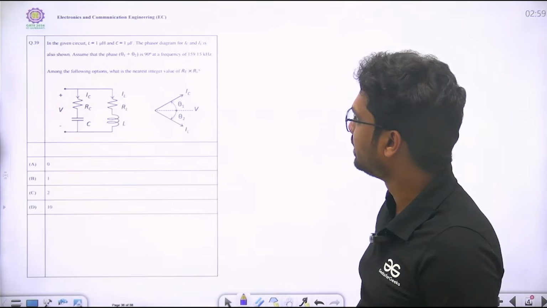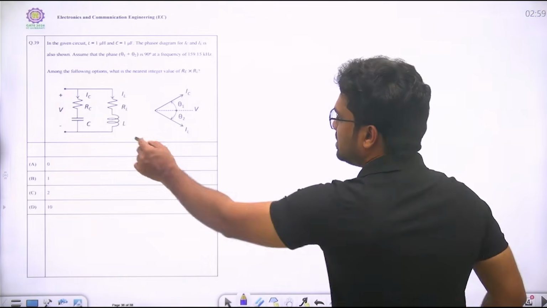Here in the given circuit, this is the circuit given, right?